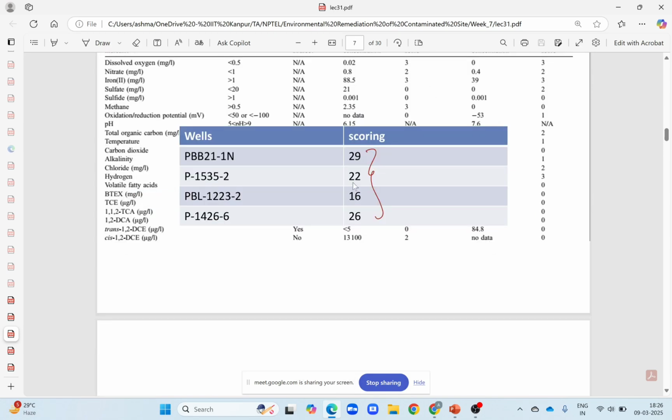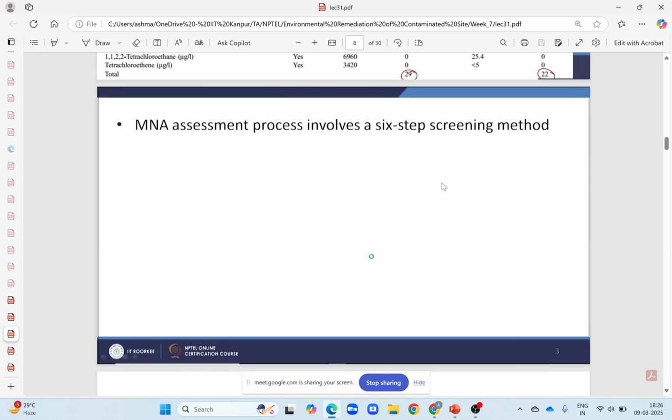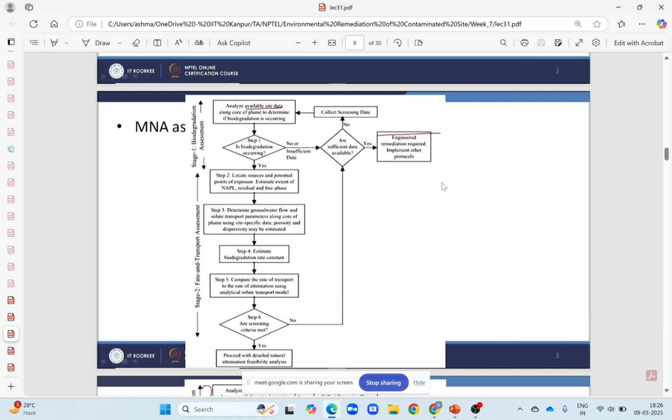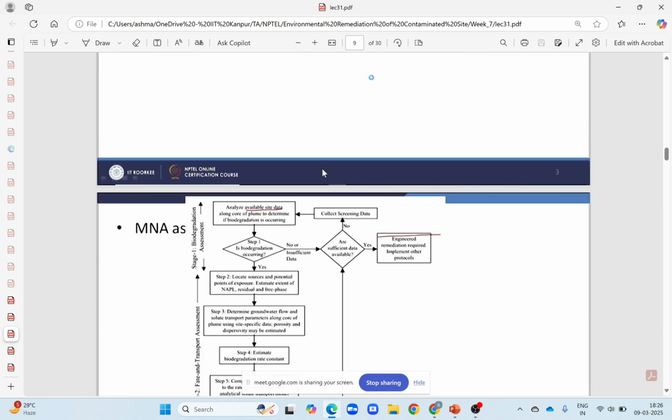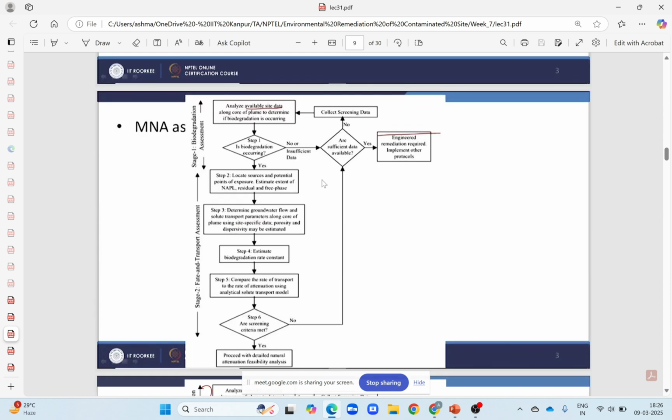Based on all these criteria, different scores were given. Based on that, a six-step screening method was done for remediation. This is the screening method. Please go through these in the lecture video.